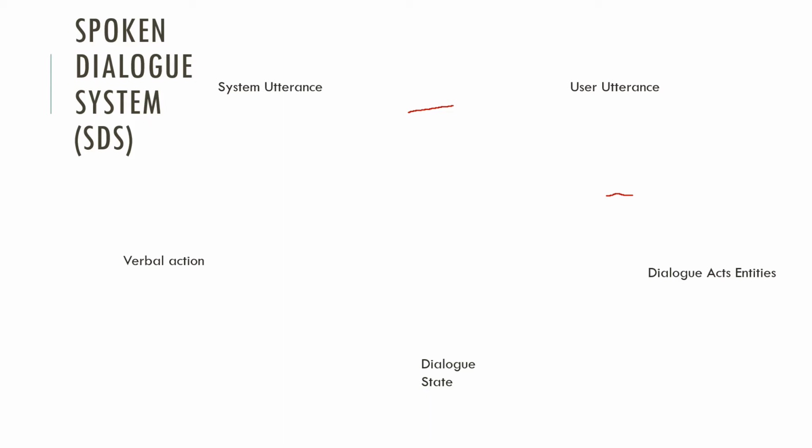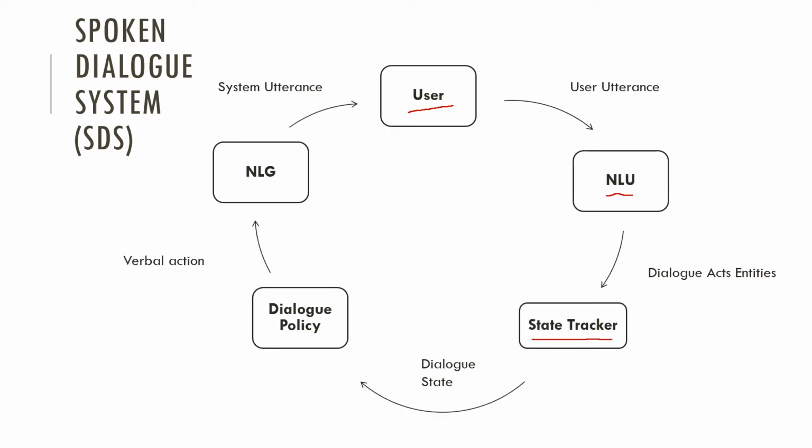Once that's been done in the natural language understanding unit, the state tracker will modify the state of the dialogue. So if the natural language understanding unit finds that the user is looking for a restaurant, then the state tracker will note that the system should now be trying to find a restaurant.